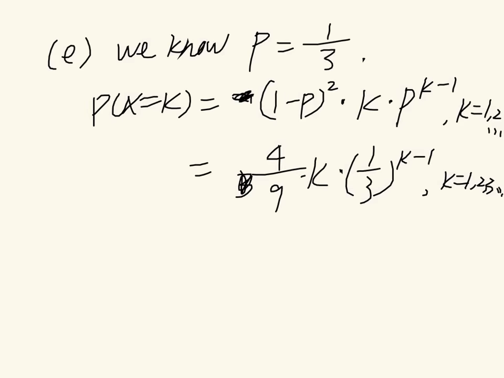And we need to find the conditional probability mass function. That is P(X = k given X larger than or equal to 2 and less than or equal to 5).